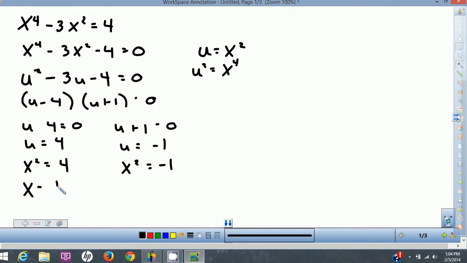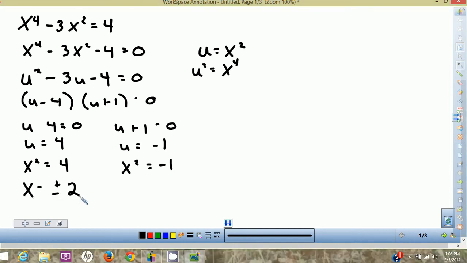X is equal to plus or minus 2, and x is equal to plus or minus the square root of negative 1. How do I want to write that? I want to write that as plus or minus i.